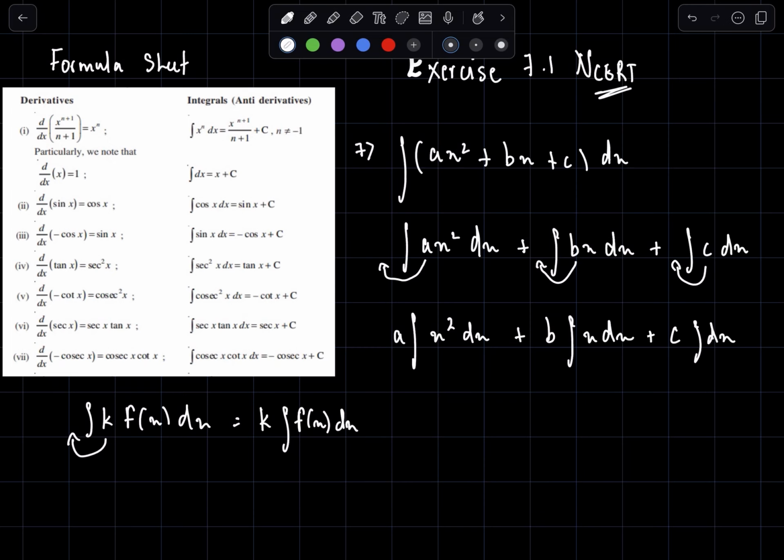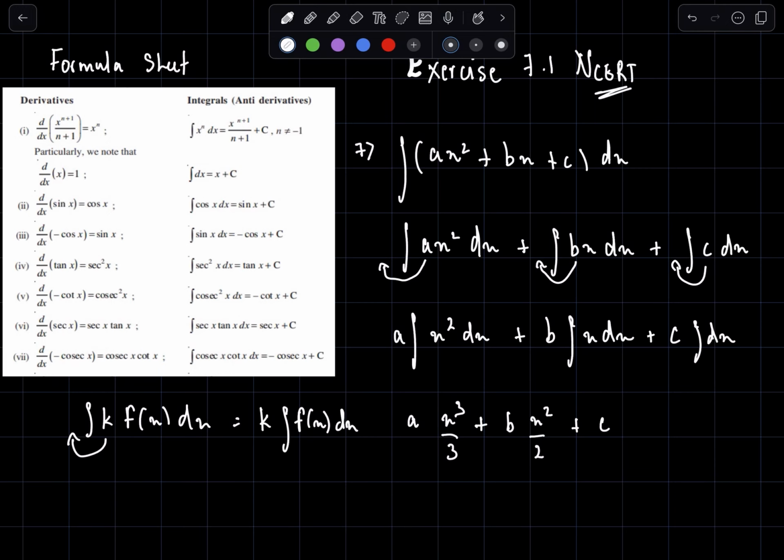Now what is the integral of x squared dx? Simple. We did this again. So this is a times x cubed over 3 plus b times, what is the integral of x? B times x squared over 2 plus integral of dx is x.